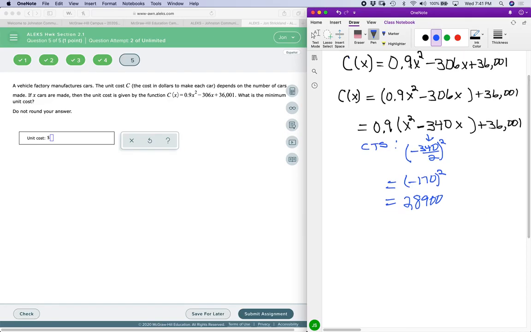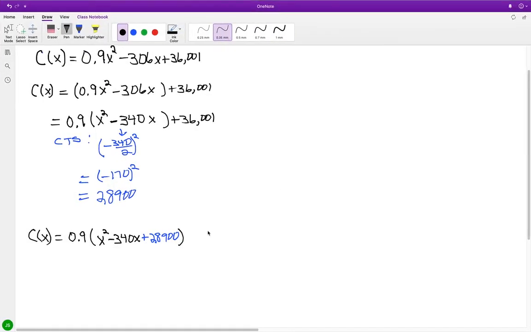So for c of x, I will have 0.9 times the quantity x squared minus 340x plus 28,900, and again plus 36,001.